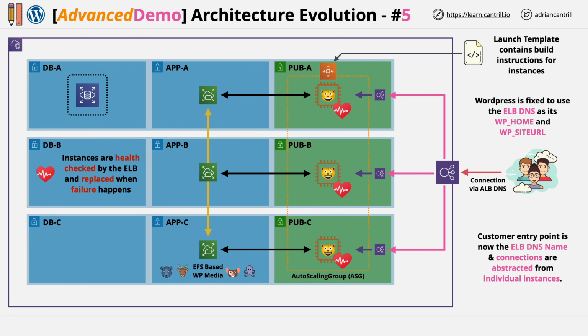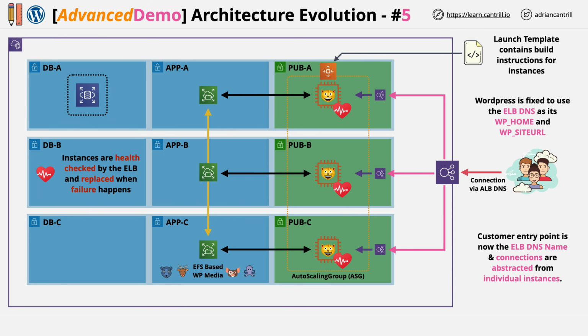You've moved the WordPress content onto a shared EFS file system. You've added a load balancer and auto scaling group to allow automatic scaling actions, and the load balancer abstracts the sessions so they no longer connect directly to the EC2 instances. And at this point the architecture can scale in and out based on the CPU load.